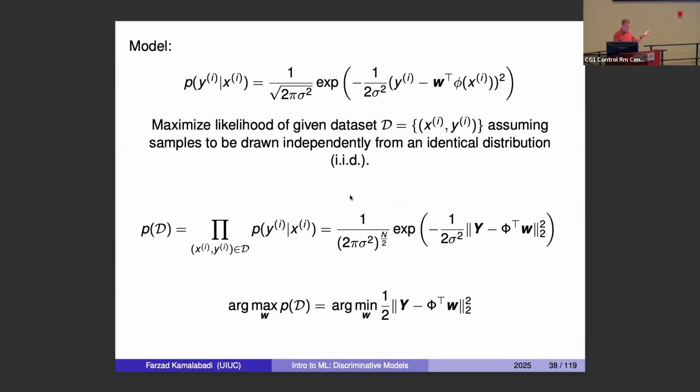I've just written it again, instead of x itself, specifically in terms of the product that we saw before, the weight times the feature, the function of the input x. And there is one concept that I have to emphasize, that we did not talk about: ultimately we want to be able to use these likelihoods because we want to maximize them, for our regression problem and for our classification problem.